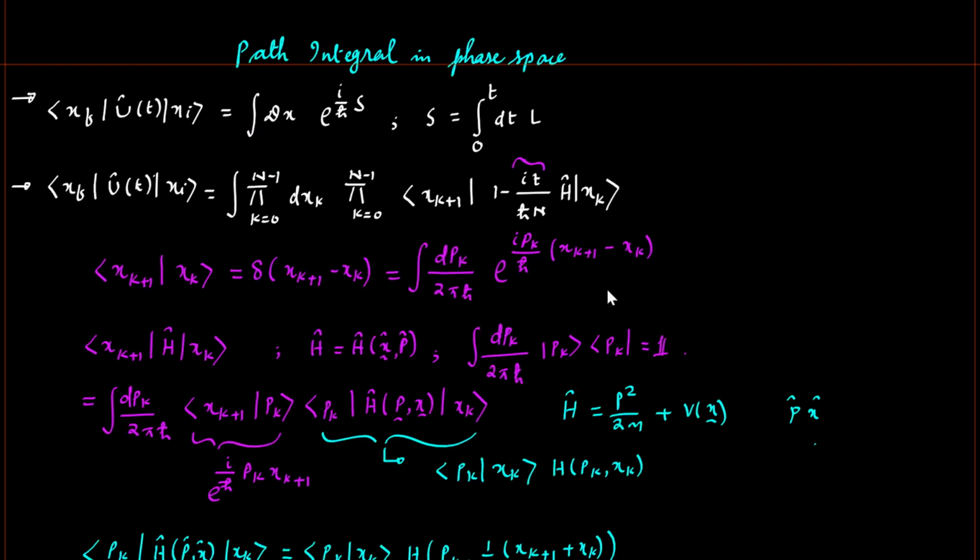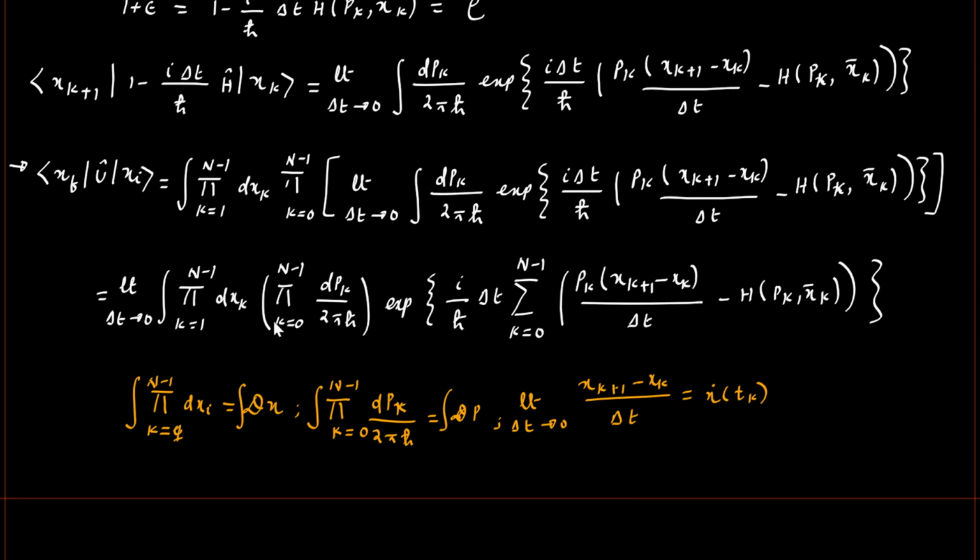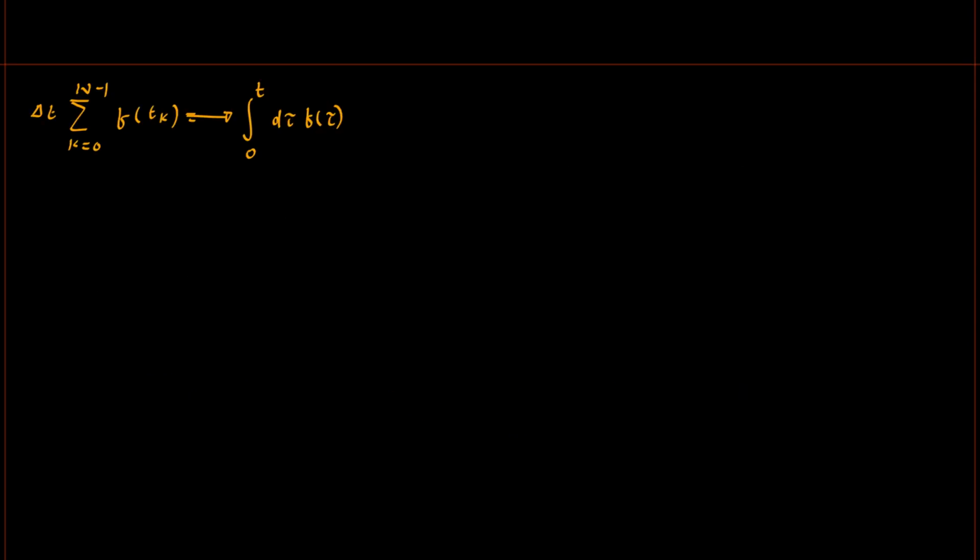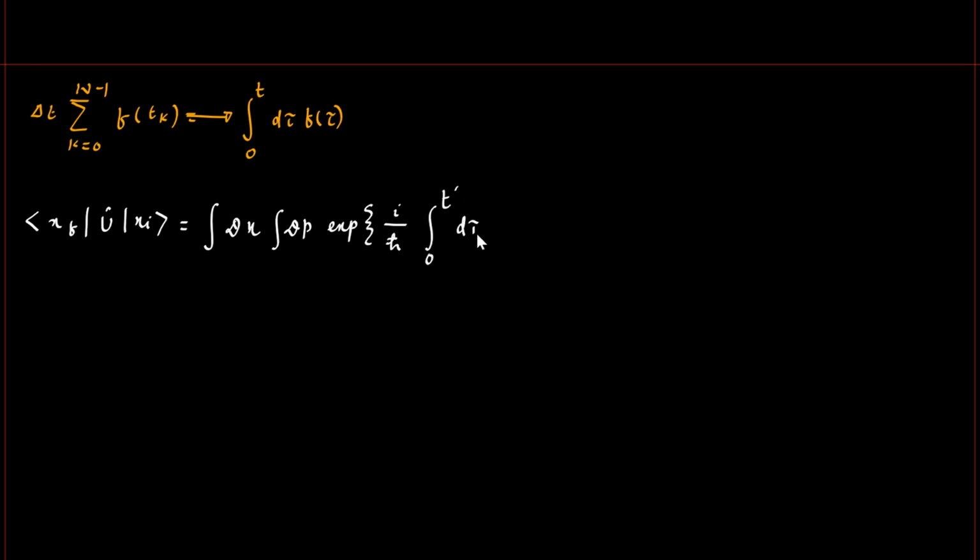Okay, so if I put all this kind of expression in our final expression, we get the equation like this: the amplitude from x_i to x_f is equal to the integral dx, integral dp, exponential of i by h cross, integral from 0 to t of dt, momentum times x dot minus Hamiltonian, which is a function of position and momentum.